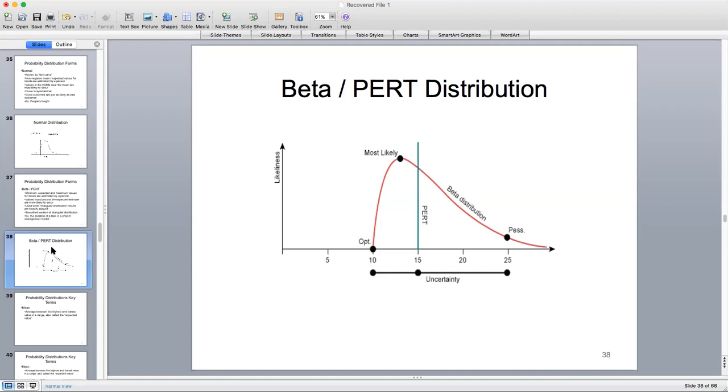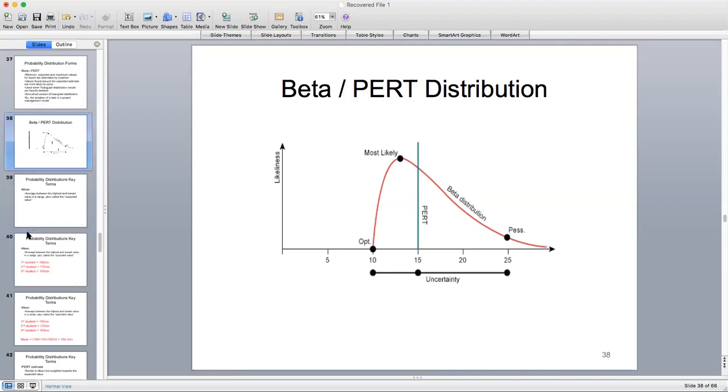So if we took a triangular distribution, that value would be higher than the PERT value, because the PERT value skews the average closer to the most likely value, because generally speaking, in projects, the most likely value is the closest value to reality. So we want to take into consideration the optimistic and pessimistic in our formula, but we're not going to use a simple 3-point estimate. We're going to use the PERT estimate.